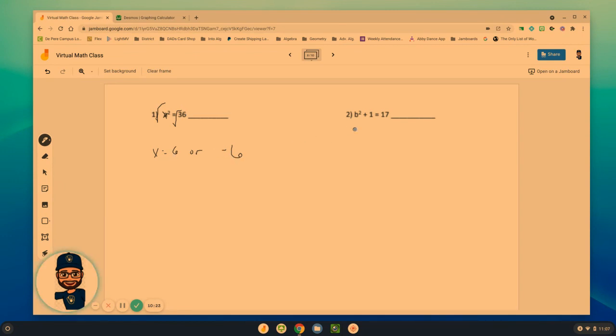Now in number 2, we don't have the squared part isolated. I'm just going to put a little circle around it. That's not isolated yet. I still have a +1. I need to subtract 1 from both sides so that we have b squared equals 16. Now the squared element is isolated, so that's all by itself.